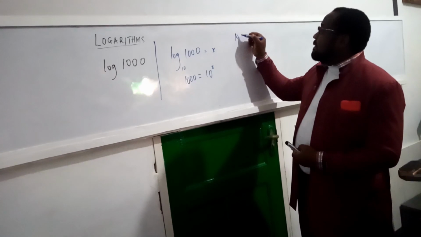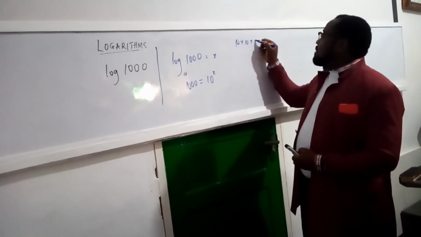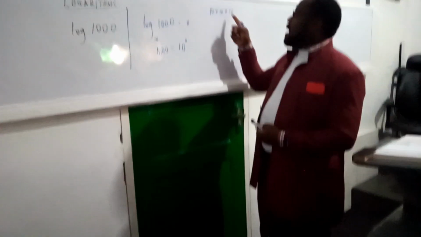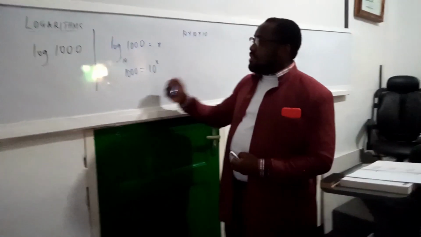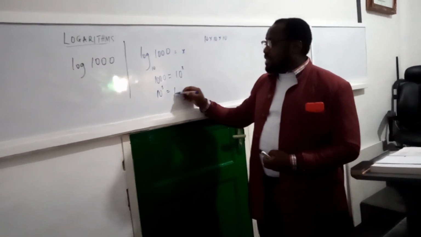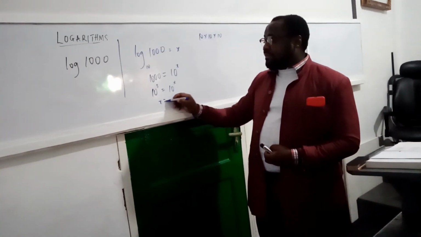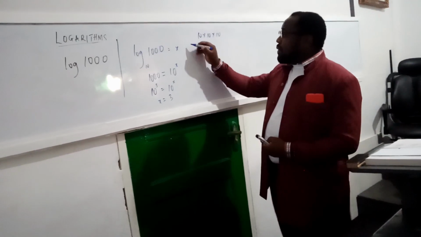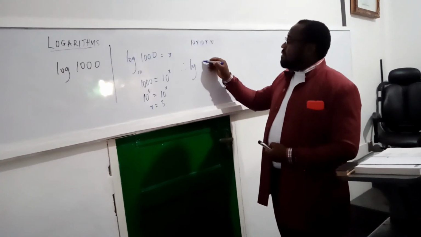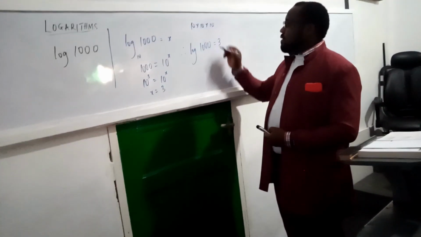So we have 10 times 10 is what? 100, right? 100 times 10 is what? 1,000. So 10 will have 3 indices. So we have 10 to the power 3 equals 10 to the power x. Therefore, x is equal to what? 3. So, log 1,000 is equal to 3.